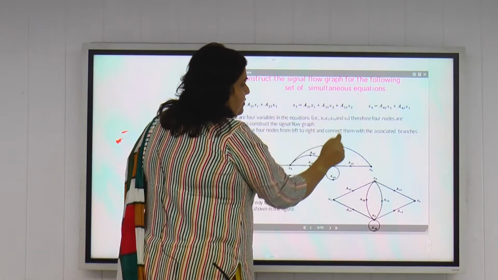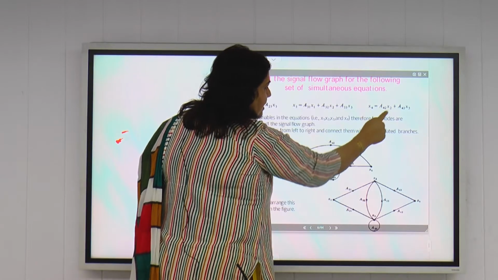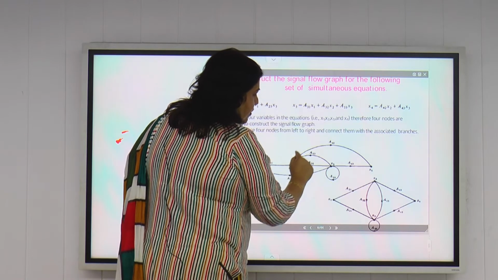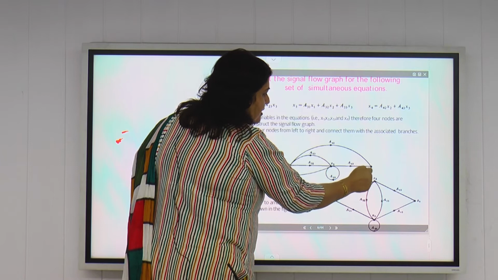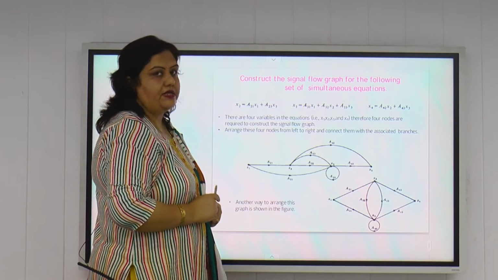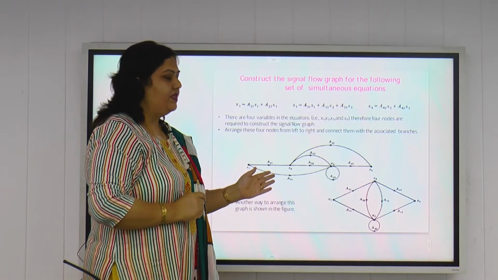The last one is x4. x4 is equal to a42 x2 plus a43 x3. So a43 x3 is coming this way and a42 x2 is coming this way. So these two are the inputs that are collected at this node x4. So x4 can be written as a42 x2 plus a43 x3. So this is how we can represent these three simultaneous equations with the help of this signal flow graph.